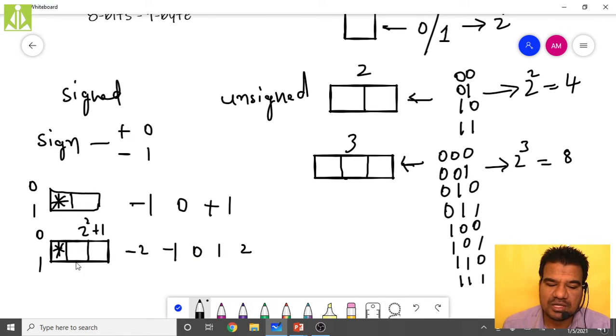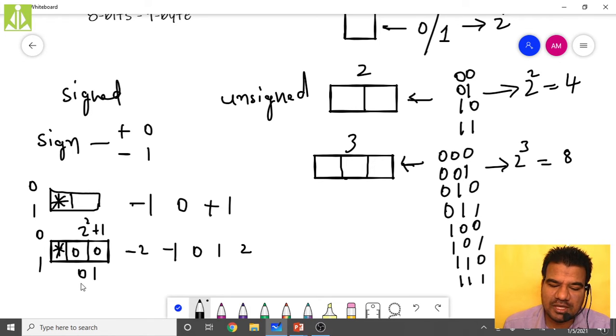Because 0 0 indicates 0, irrespective of the sign. Positive 0, negative 0, same thing. Then 0 1 indicates 1. In binary language 0 1 means 1. So 0 0 1, that is positive 1.